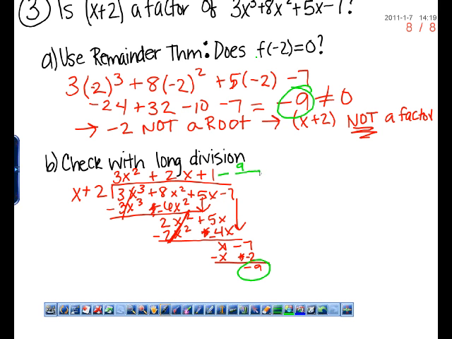And then just like in that very first one we did, we put it over whatever we were dividing by, right? So it's going to be over x plus 2. Here's how you write your final answer when you have a remainder that's not 0. Now you can close. Yep.